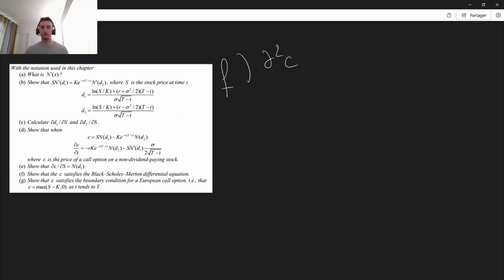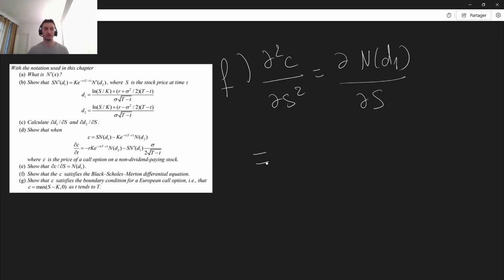First, let's compute the second derivative, because we know it's only the derivative of N(d1). Of course, you cannot say that N(d1) does not depend on S, because then you would get 0. That's not the case, because N of d1 is N of all of these values.